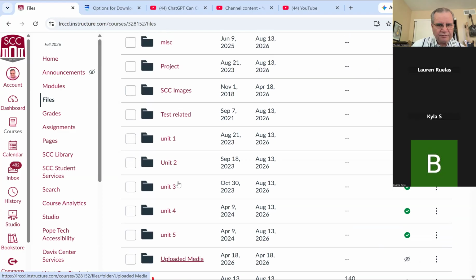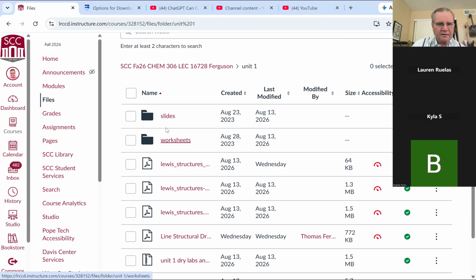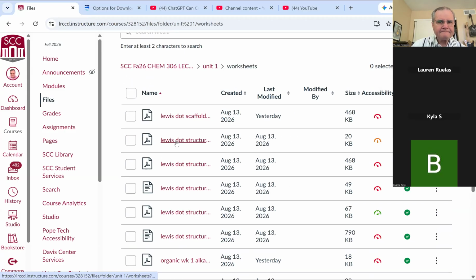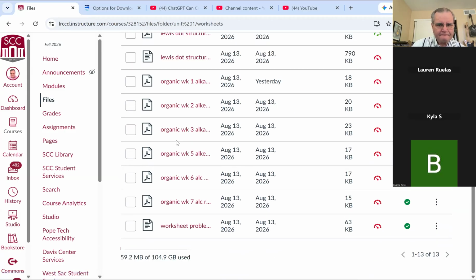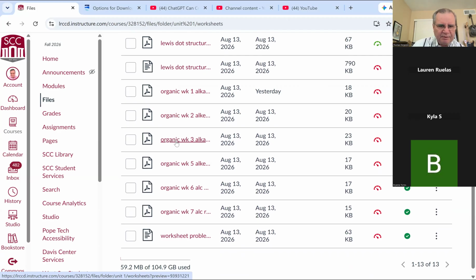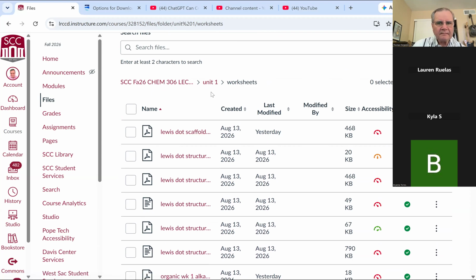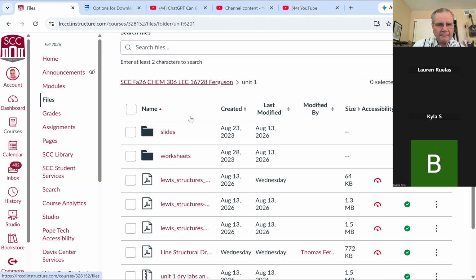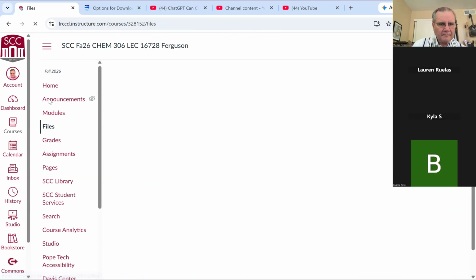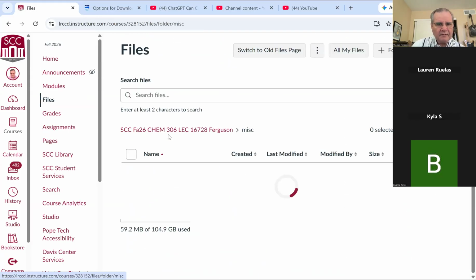And if we go to Unit 1, here are the slides again. Here are worksheets. Now, these are going to be built into the dry labs that you're going to be doing. Also, miscellaneous is kind of a fun file.